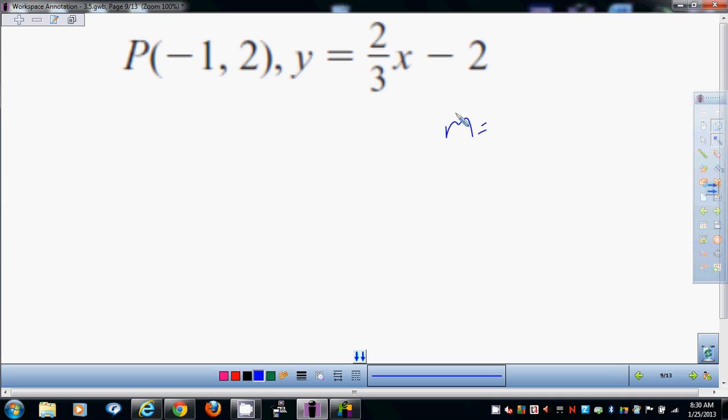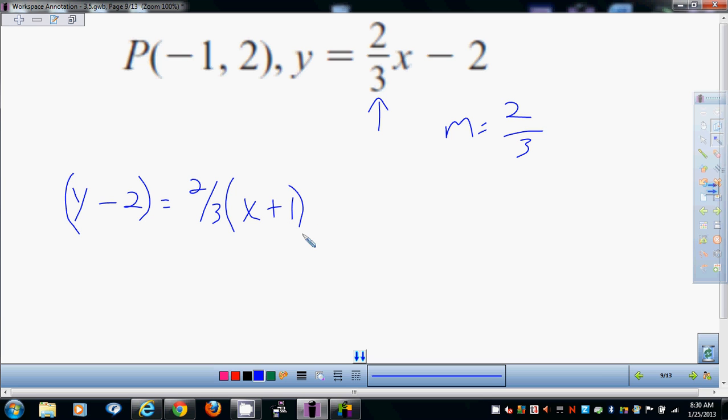Point slope form. Y minus our y value equals the slope times x minus negative 1, which is the same as plus 1. What do we have to do now? Solve for y, right. First thing you need to do actually is go ahead and do your multiplication first. 2/3 x plus 2/3. Add the 2.